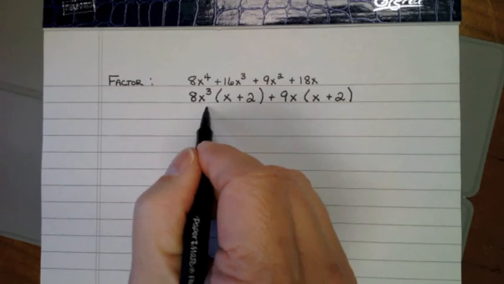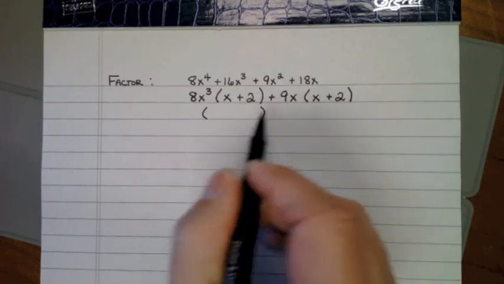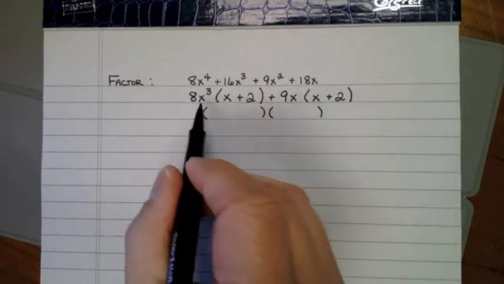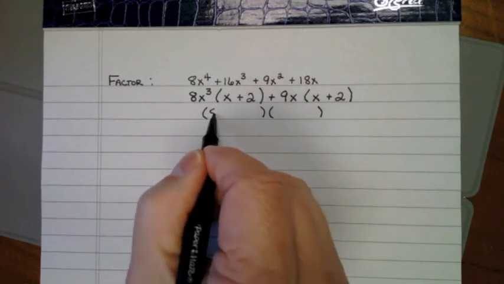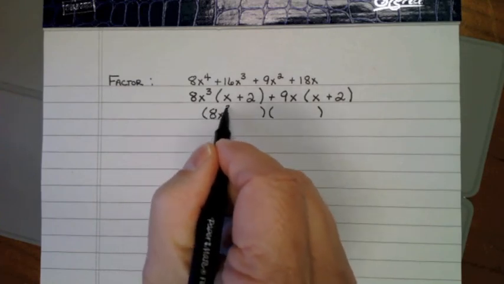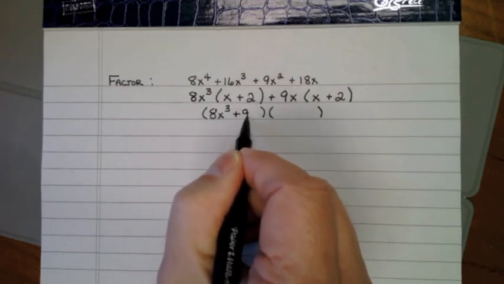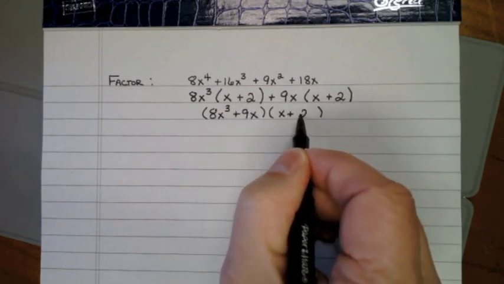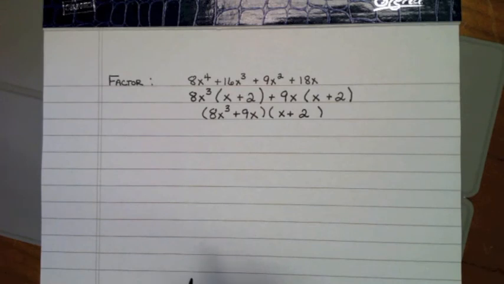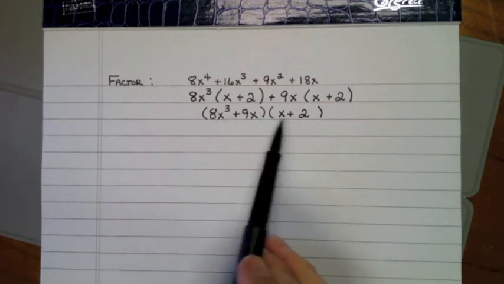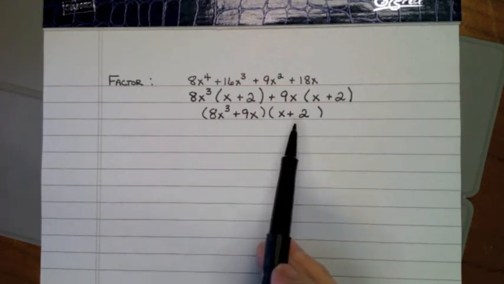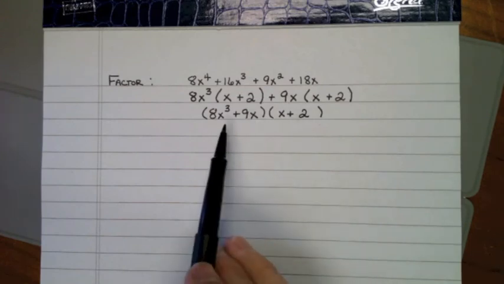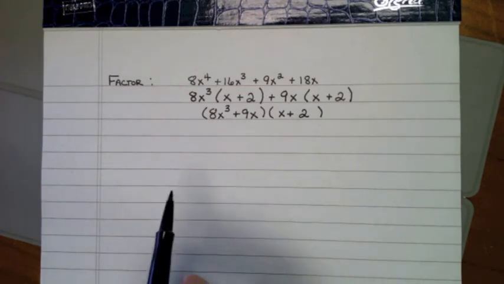I make 2 sets of parentheses. I take what's on the outside of the parentheses, put it in the first, and take what's on the inside of the parentheses and put it in the next. Again, you need to look and see if these binomials can be factored again. In fact, this first one, I can factor out a greatest common factor.